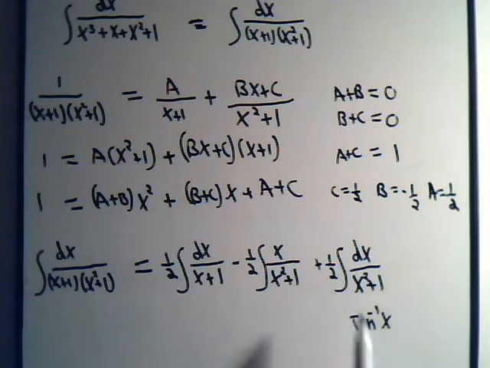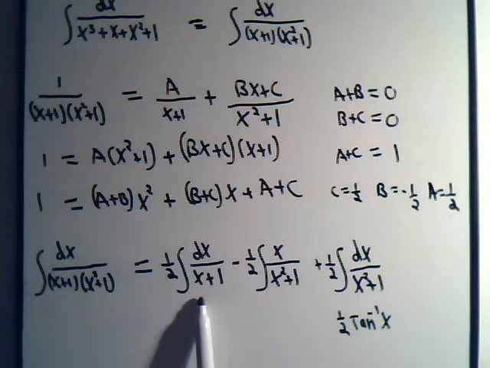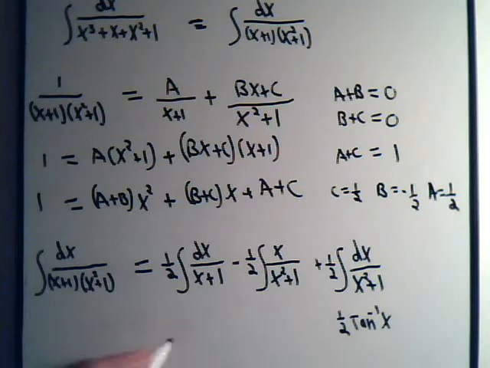The differential of that is dx over x squared plus 1, and we'll have a 1/2 times that. If I say let u equal x plus 1, du is dx, that's du over u, so this would be 1/2 the natural log of x plus 1.